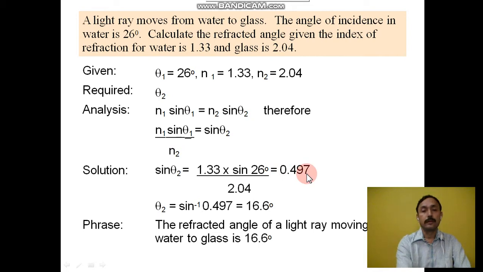Using the calculator we can find out theta 2 is equal to sin inverse 0.497, or 16.6 degree. The paraphrase is: the refracted angle of a light ray moving from water to glass is 16.6 degree when the angle of incidence is 26 degree.